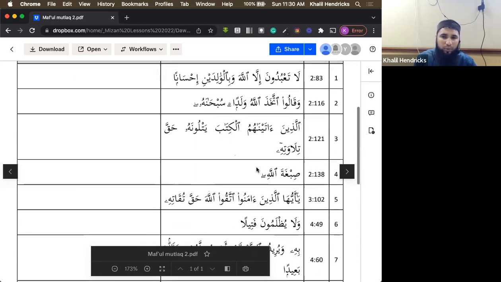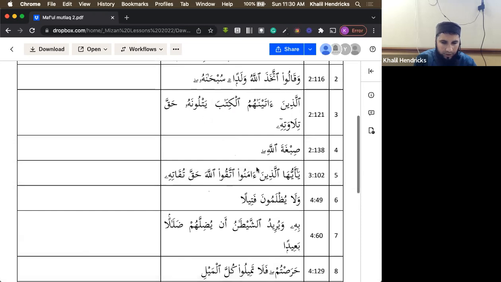This one here was the sifa of the masdar, but it comes in the form of a mudaf ilayh. Right? Sometimes I can use mudaf ilayh to convey a meaning of a mawsul sifa. A proper recitation.